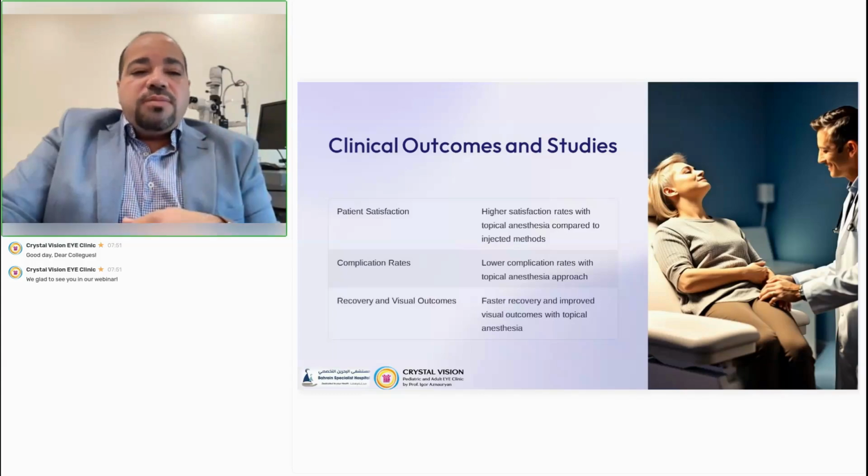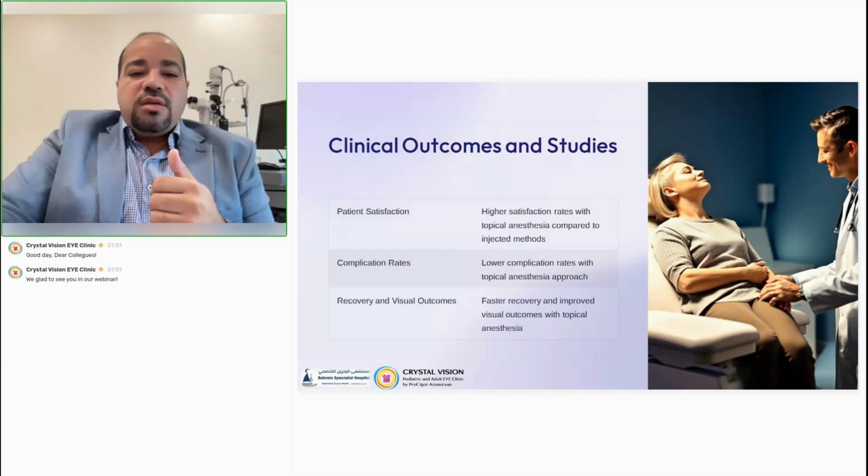For clinical outcomes and studies, the reports showed patient satisfaction after topical anesthesia was much higher than with local anesthesia. Also, as we said, the complication rate is very low, and it's better in topical anesthesia than local.